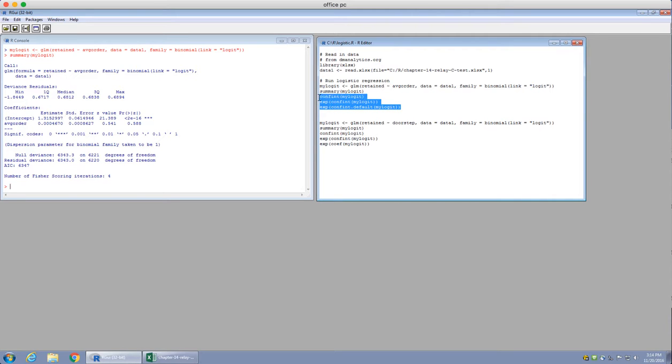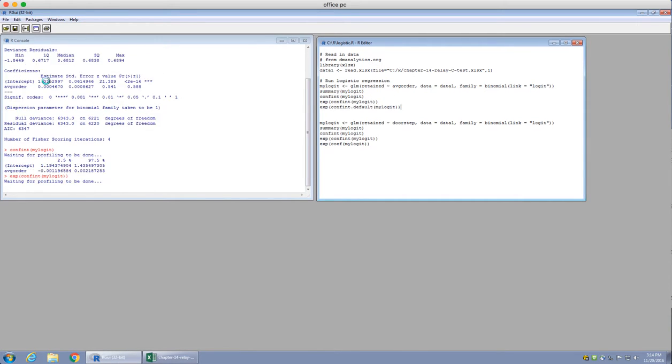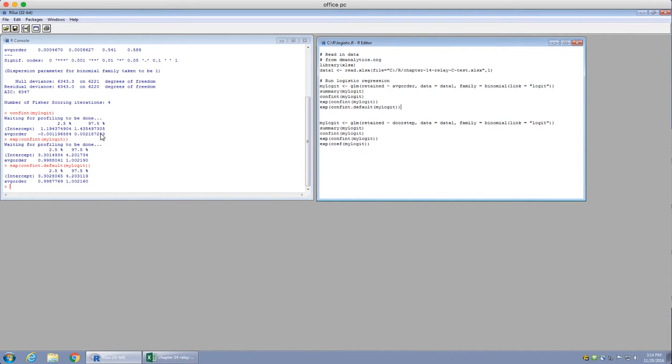What we're going to do here is run these three lines to get the confidence interval. If I run these three lines, it gives me a confidence interval for the point estimate without using the exponent, and a confidence interval for the point estimate with the exponent applied.